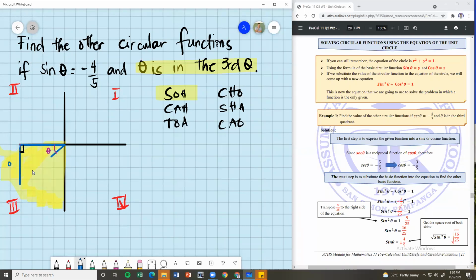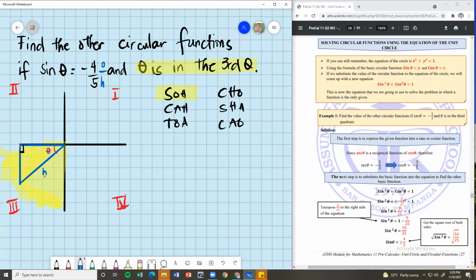Okay. Now, game. Since we already know our opposite and our hypotenuse, we know that the sine is opposite over hypotenuse. Can you follow? And always remember, your hypotenuse should always be positive.